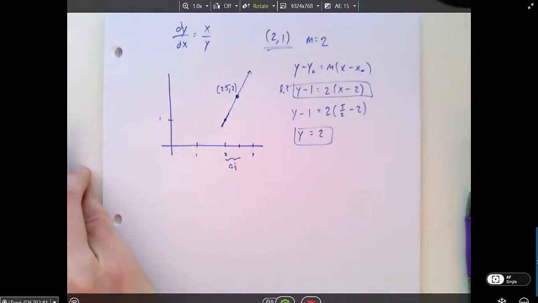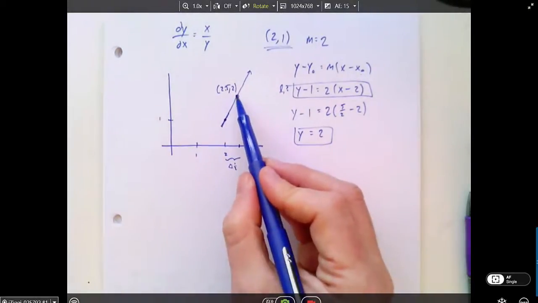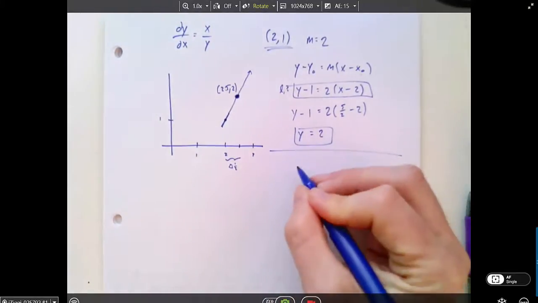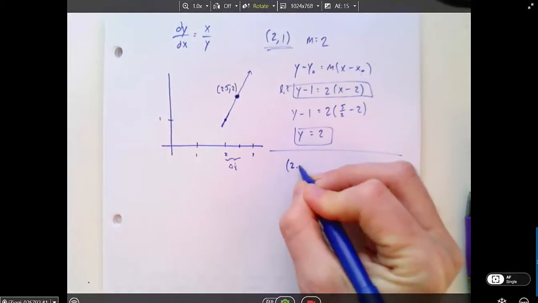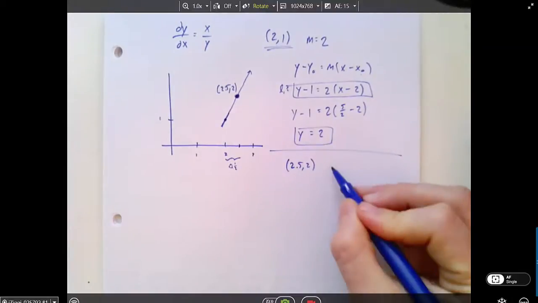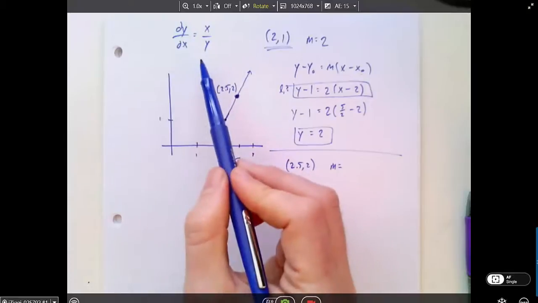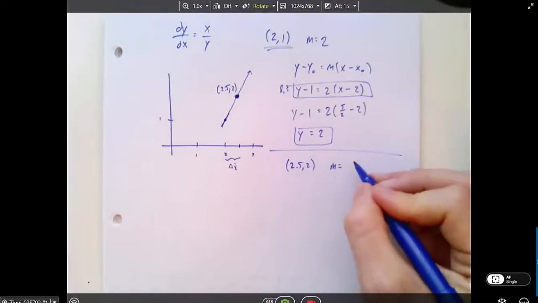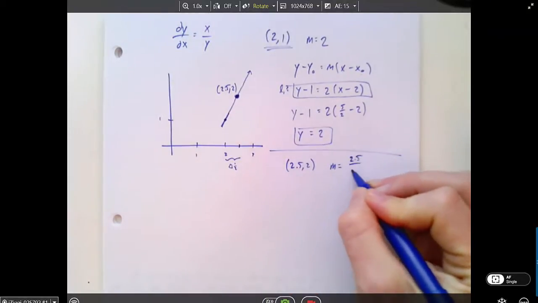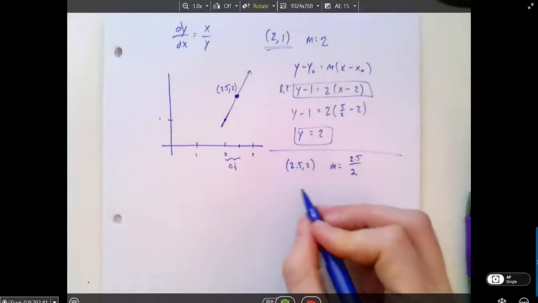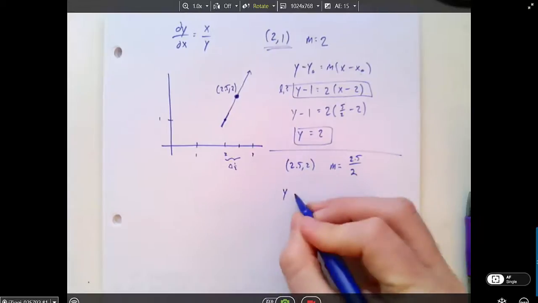Okay, so what we want to do now is construct another tangent line starting at this point. So I'll do that same process again. I've got a point at (2.5, 2). My slope is going to be given by my differential equation again. So if I plug in my x value divided by my y value, that gives me the new slope. So let's make another tangent line.